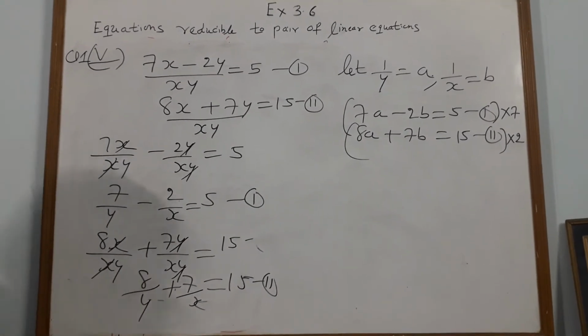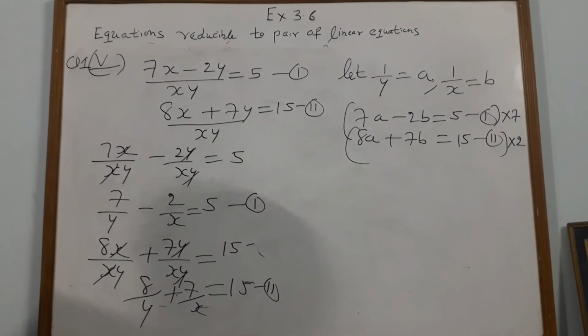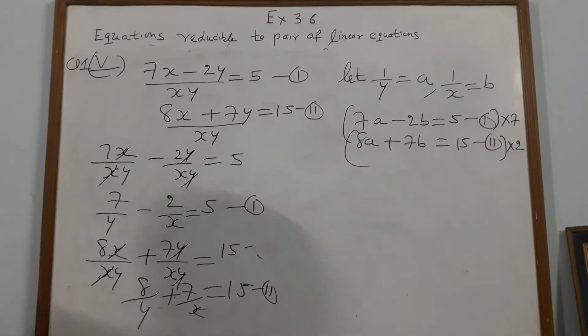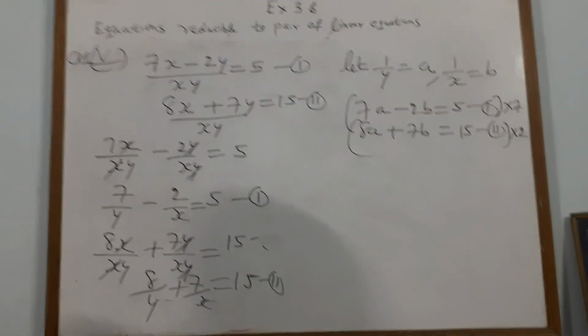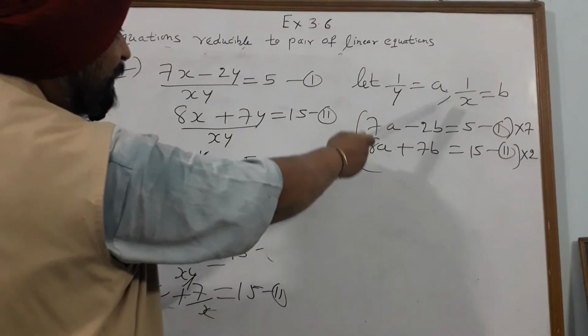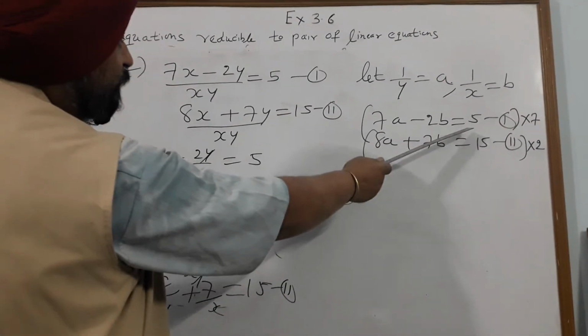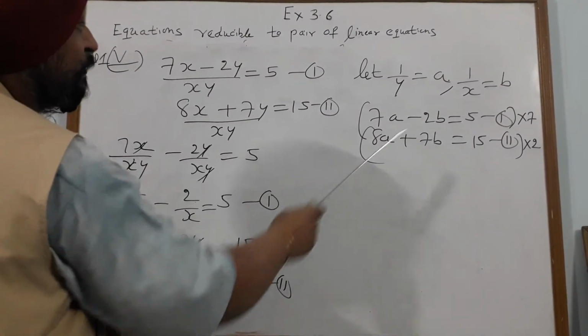Now what has happened? It becomes the same method as the first question that we have discussed today. So we have supposed 1 upon y as a and 1 upon x as b. So the equations become 7a minus 2b is equal to 5, 8a plus 7b is equal to 15.